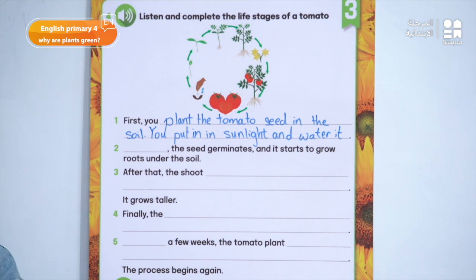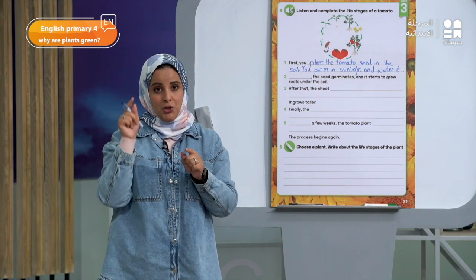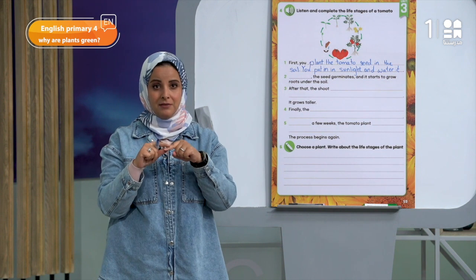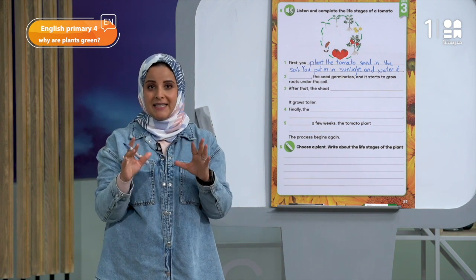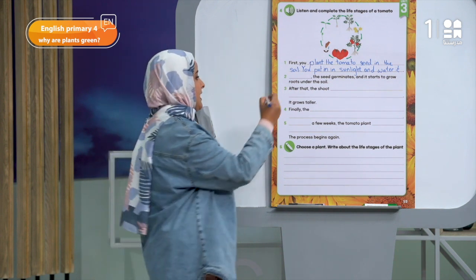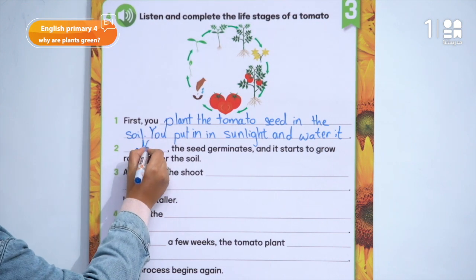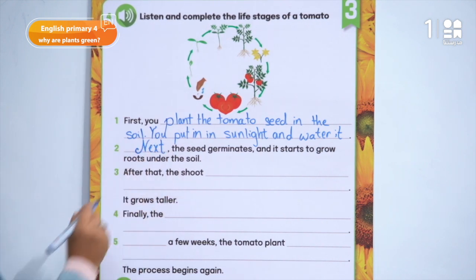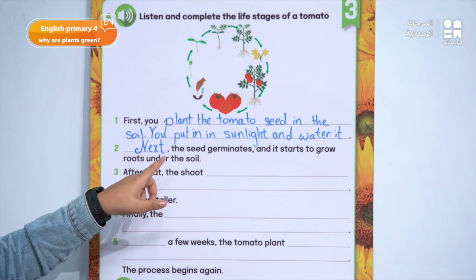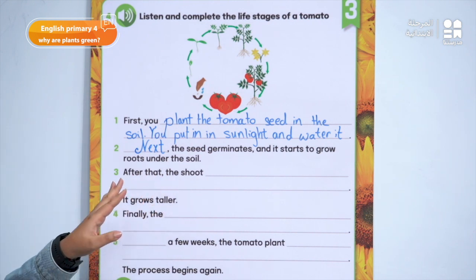Number 2. Can you tell me which transition word comes after first? Excellent. Next. Very good. So next. We will write down the word next. And as we can see, a comma comes after it, as we said before.